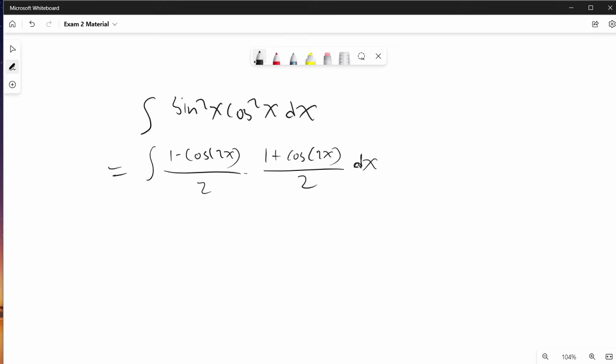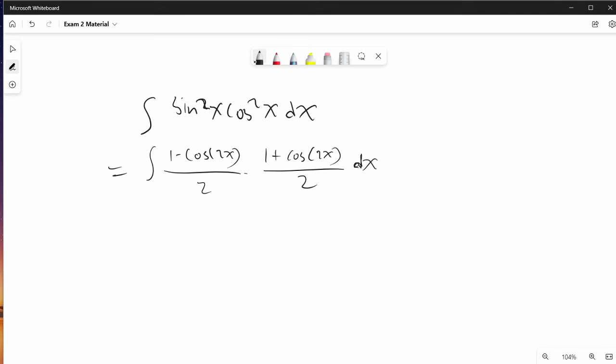Alright, you can see that this is sort of downgrading the power of those trig functions, right? From a square, now it's just in the first power, and this is way easier to deal with.